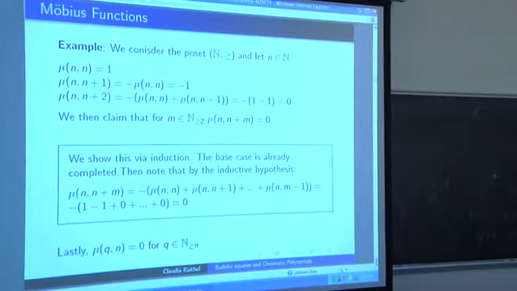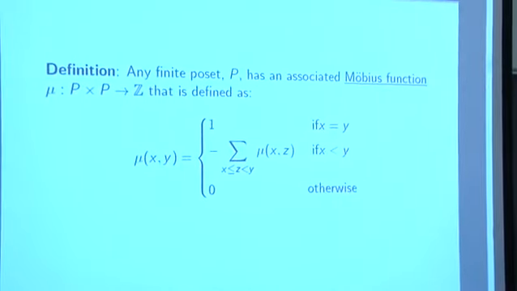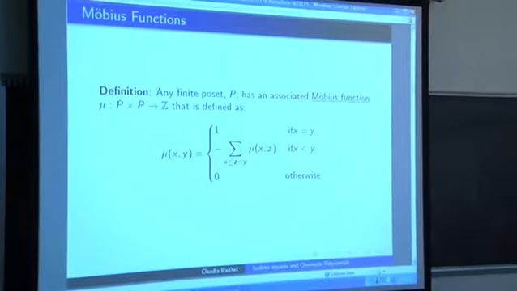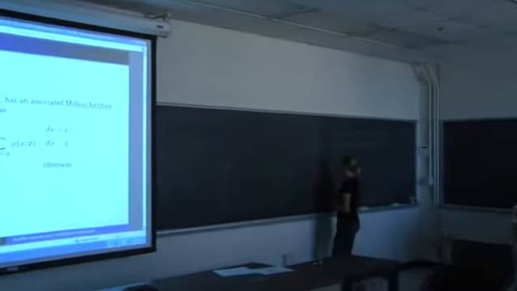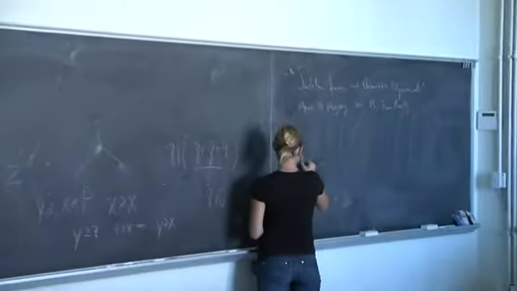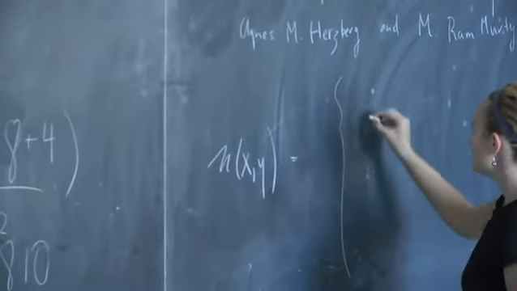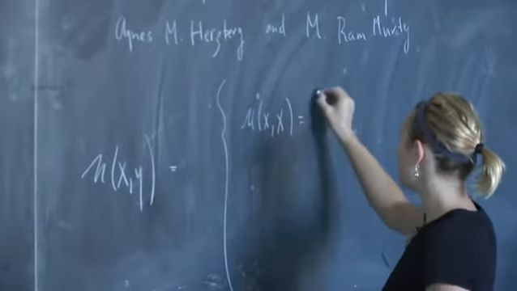But first, we're going to introduce the idea of a Mobius function associated with the partially ordered set. This is the definition, and I'm going to write it on the board because it's important and easy to forget. Mu of x, x is always equal to 1.